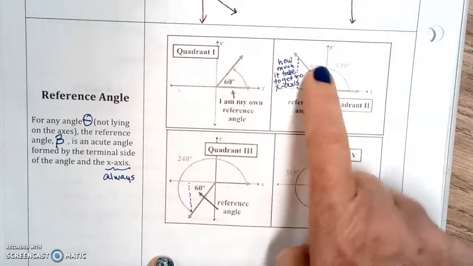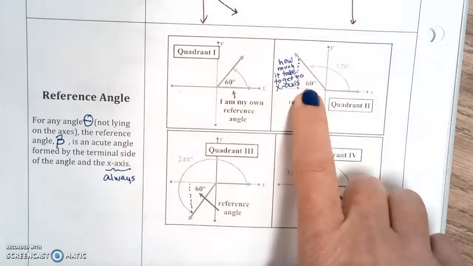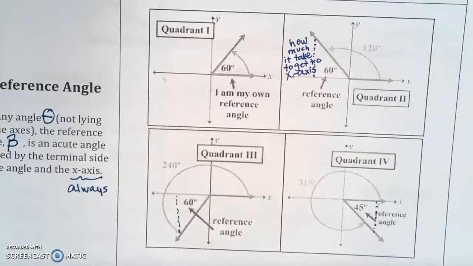And what's left from 120, the difference to 180, would be 60 degrees. So the reference angle would be 60 degrees. Let me zoom in so you can read my writing there. It says how much it takes to get to the x-axis. So if you've gone 120 and you need to get to the x-axis, you need 60 more. So the reference angle is 60 degrees. Okay?